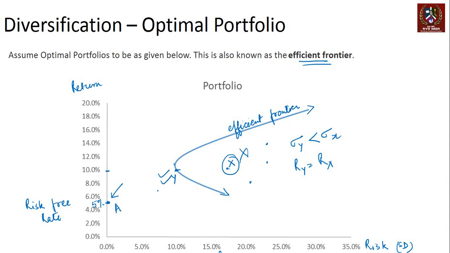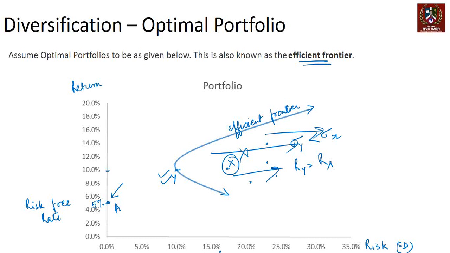And hence, you would almost always hold portfolios only on this line, which is known as the efficient frontier. There's no point holding any portfolio inside of this. So that's the broad discussion that we have now.